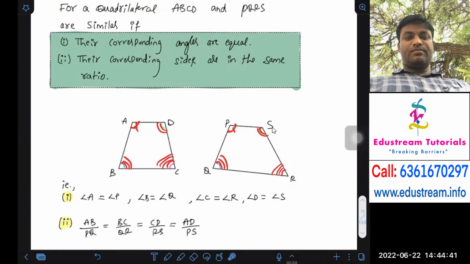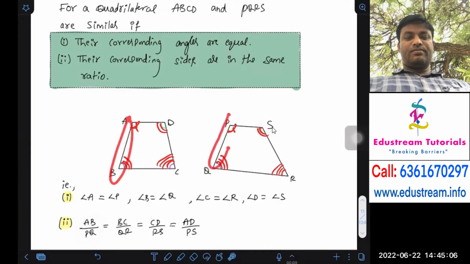Next, their corresponding sides are in the same ratio. Ratio means proportional. That means it should be written in the form of rational numbers, p by q form. Now, AB is the corresponding side for PQ, or PQ is the corresponding side of AB.